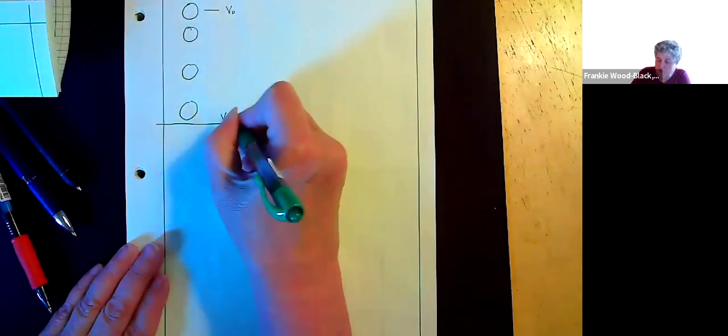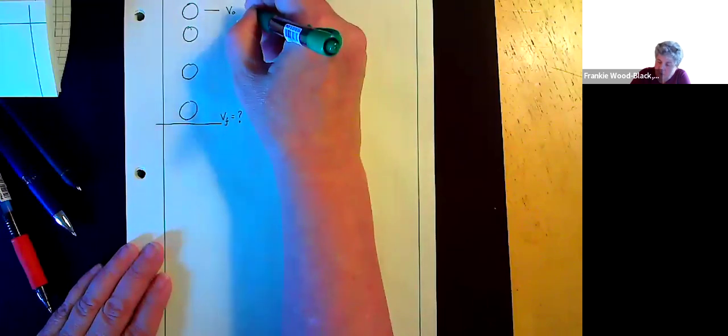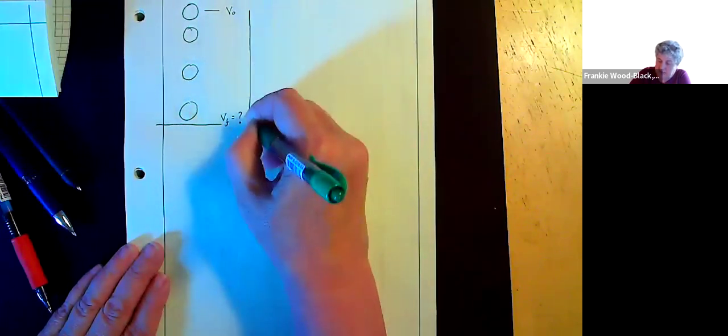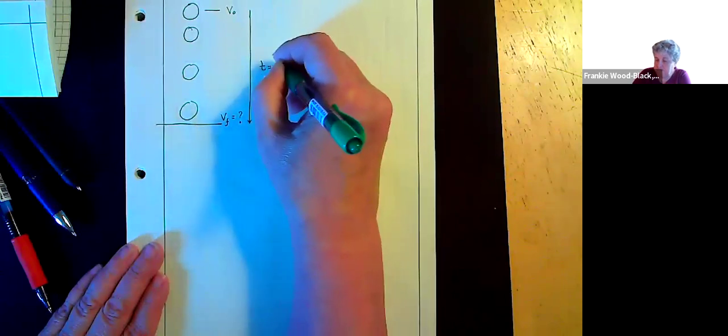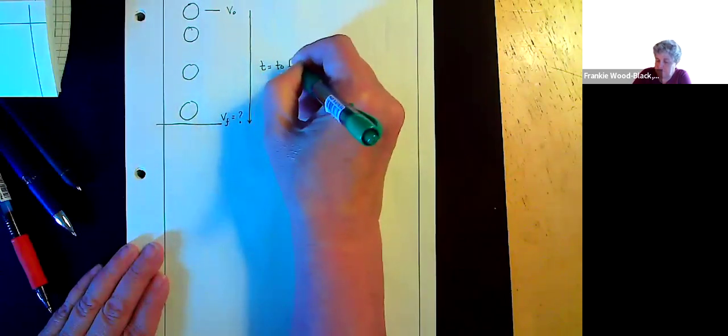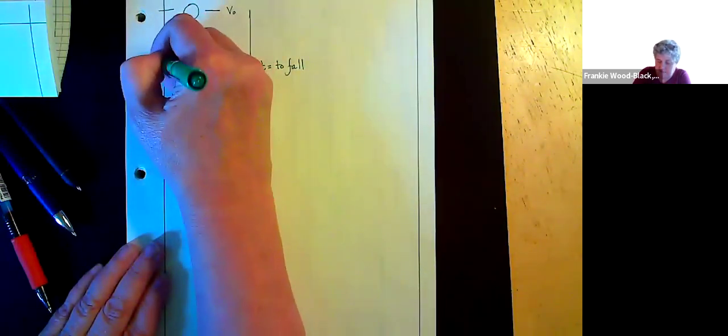We don't have a good way to do our final velocity, but one of the things we can measure is the time that it takes to fall. And we can measure the height.